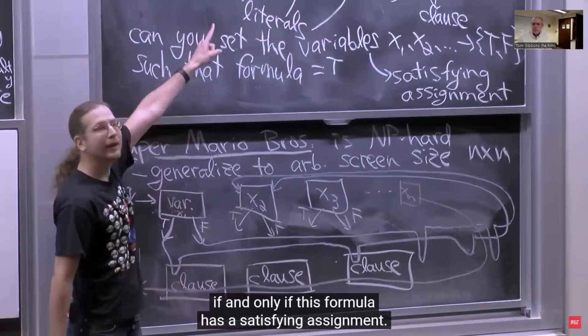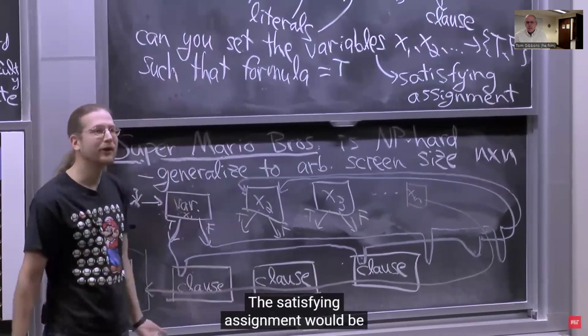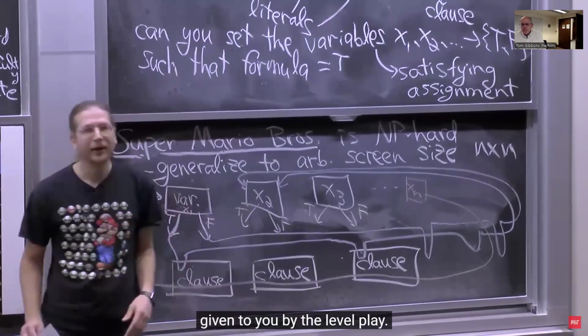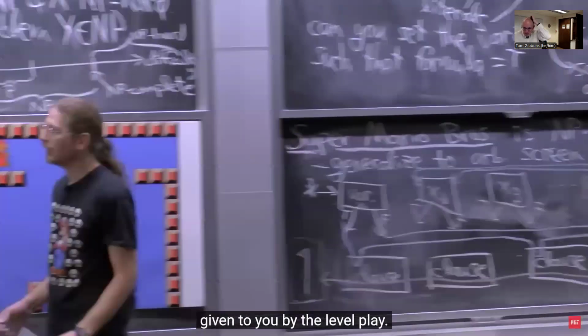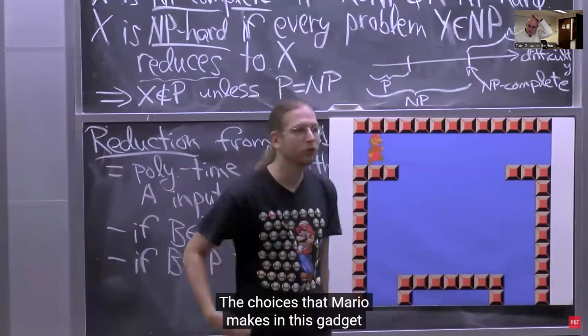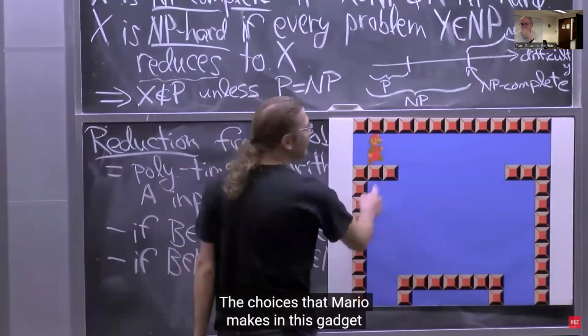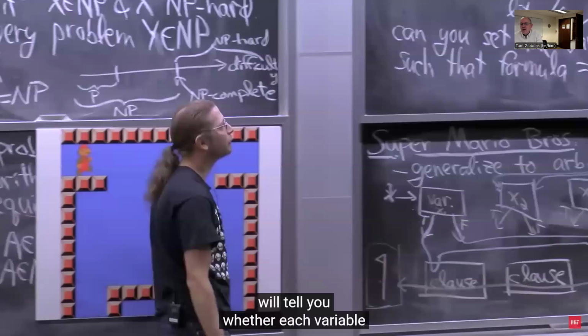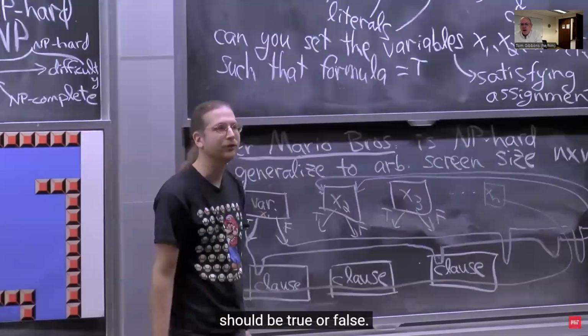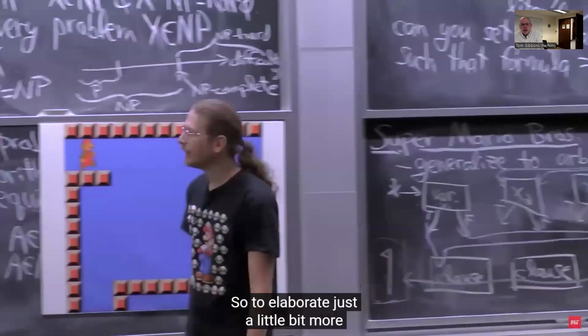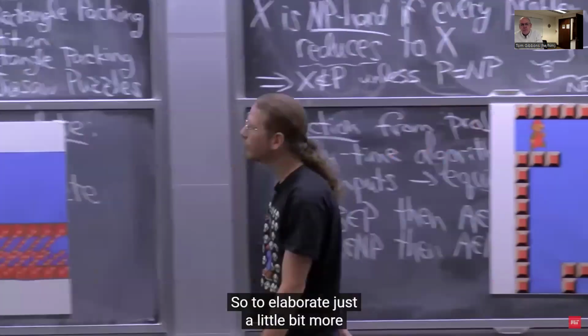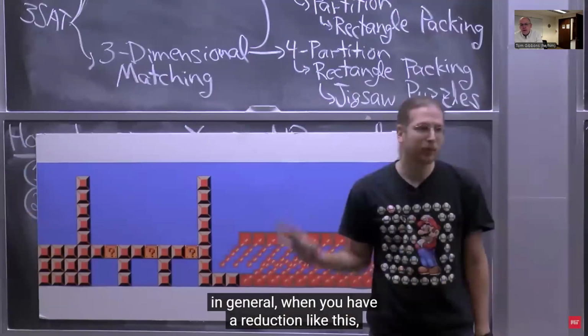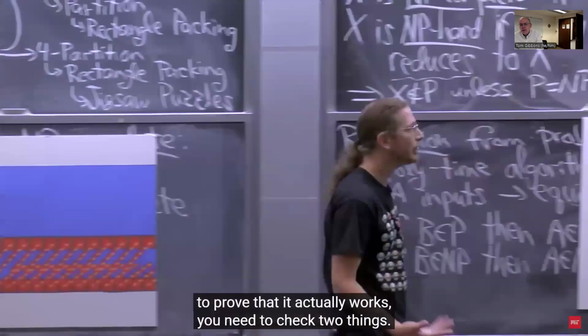This formula has a satisfying assignment. The satisfying assignment would be given to you by the level play. The choices that Mario makes in this gadget will tell you whether each variable, like x1, should be true or false. So to elaborate a little bit more, in general, when you have a reduction like this, to prove that it actually works, you need to check two things.